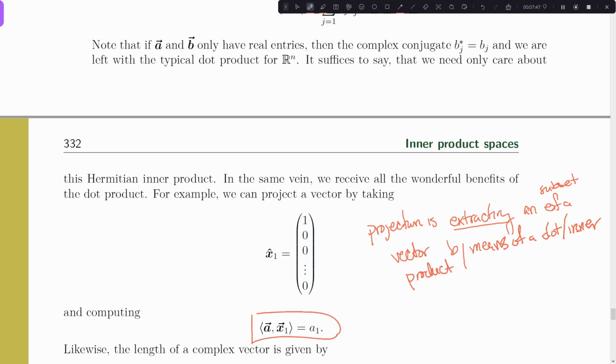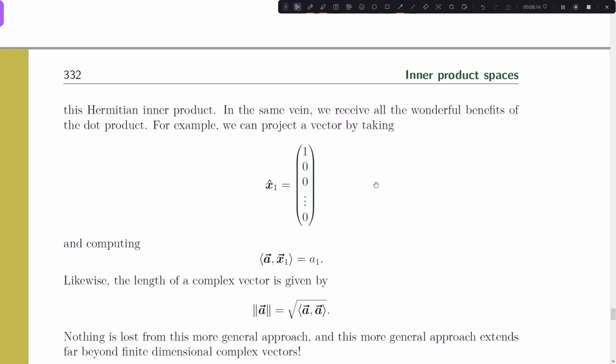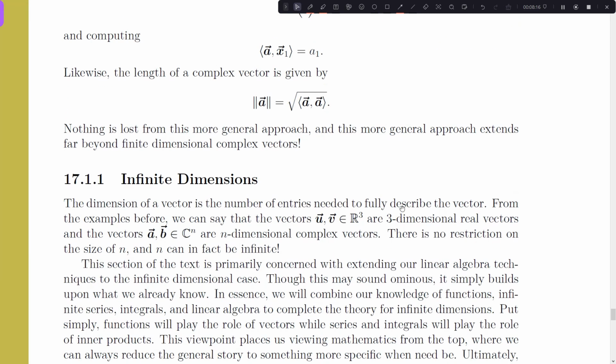This is not a projection by itself, that's the coefficient of a projection. If I multiply this by the vector x1, this is the projection of A onto x1. So that's another reason why inner products are useful: they give us this subset notation of a vector.